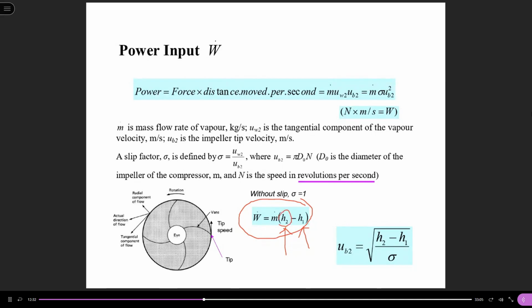Whenever we know the enthalpy, we can use the enthalpy difference to calculate the work input by the centrifugal compressor.